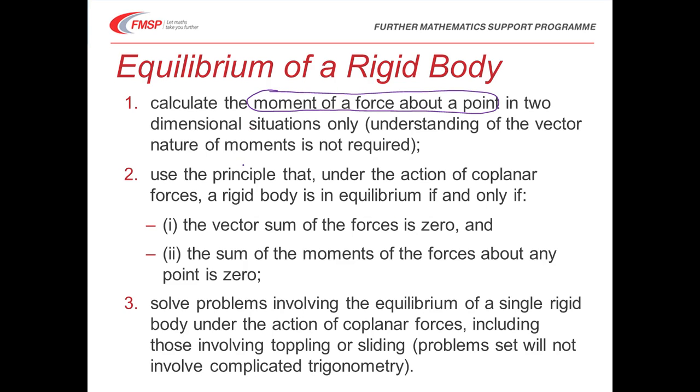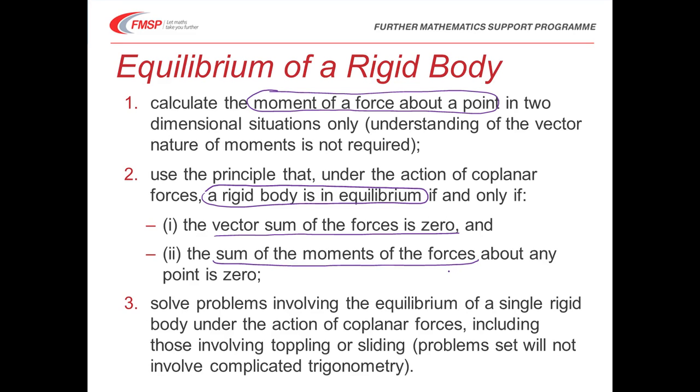and then the second section reminds us that for a rigid body to be in equilibrium, two things must apply. The two conditions are that the vector sum of the forces must be zero, so there's no overall resultant force, and secondly, the sum of the moments of the forces about any point must also be zero.